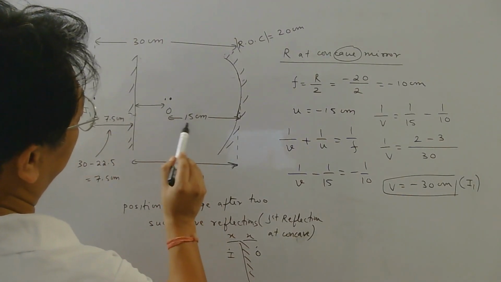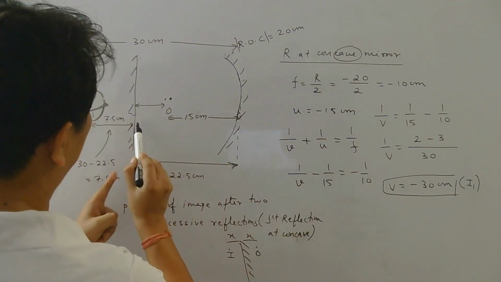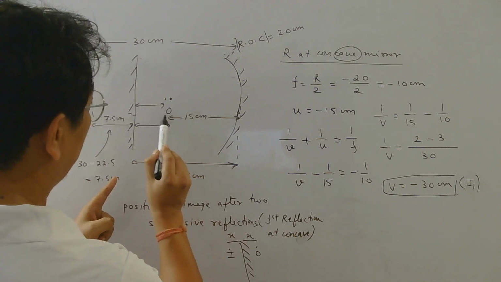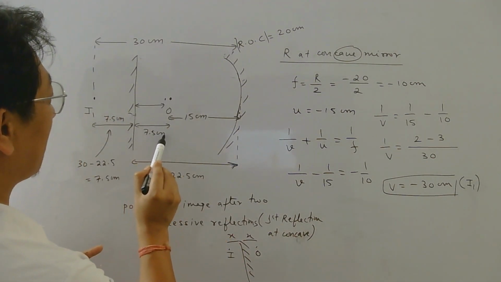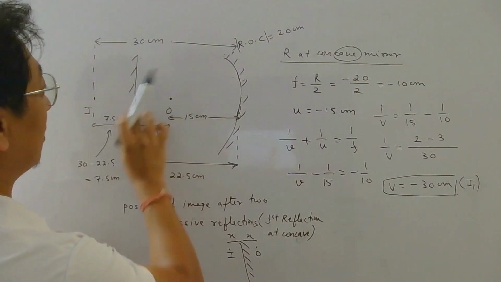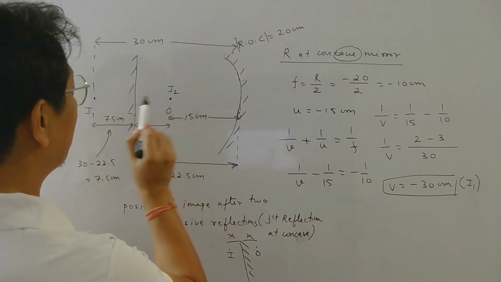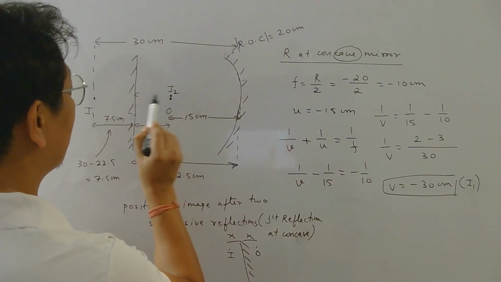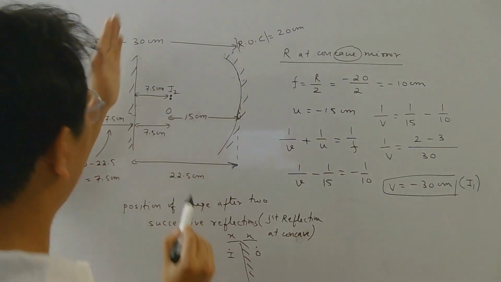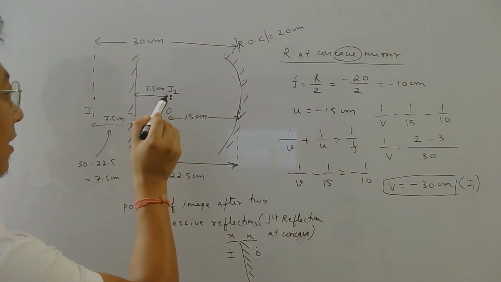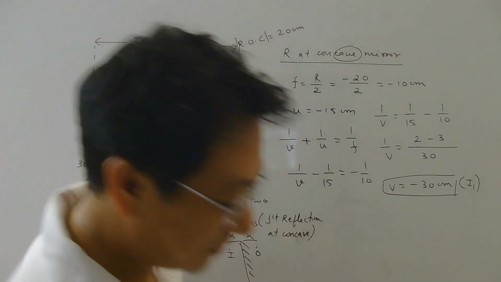Okay, this is 15. Oh, so if you see carefully, this is 22.5, this is 15. So the distance of the original object was 7.5 only. That means this image will be exactly on the object. So the final image is at a distance of 7.5 centimeter from the mirror, which means it is exactly at the same place where there was the original object, right?